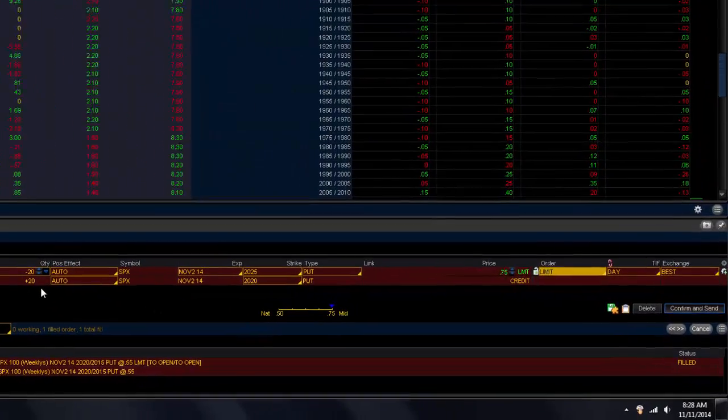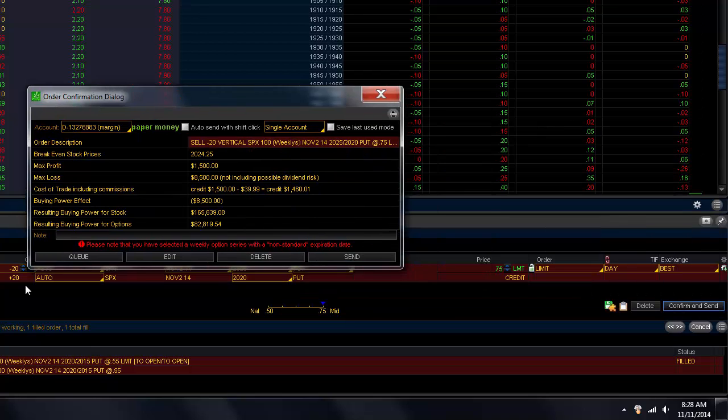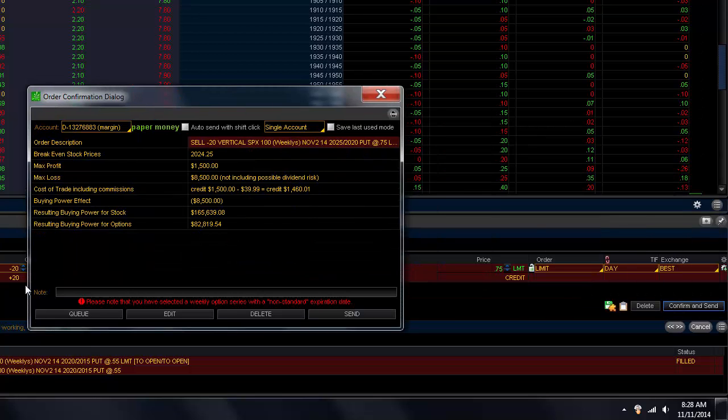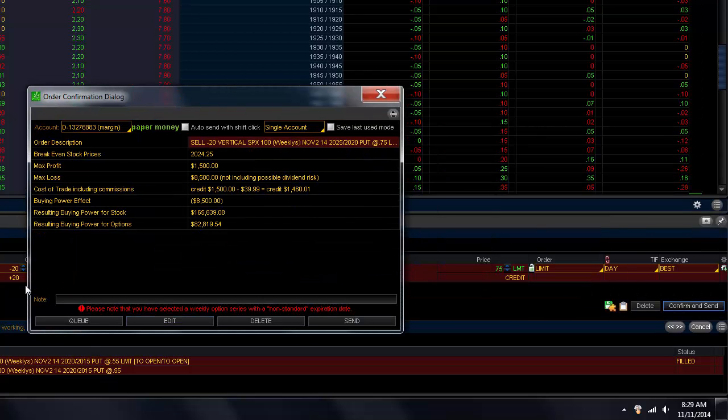So we're going to confirm now, and we'll review the order before sending it. Order description was selling 20 vertical SPX 100 weeklies, November 2nd, 2014, 225, 220 put at 75 cents limit to open.